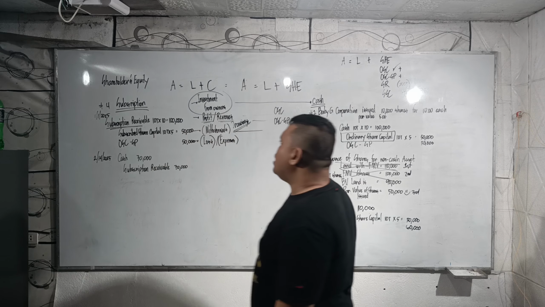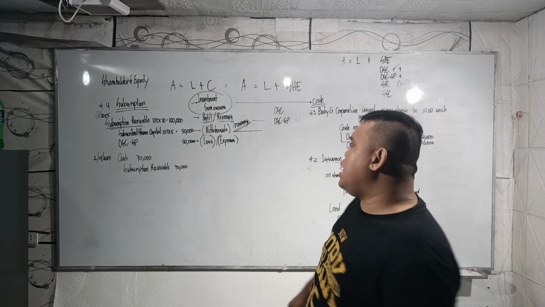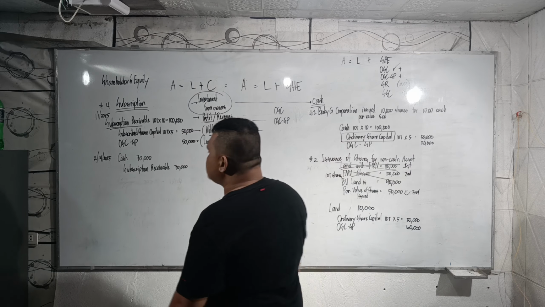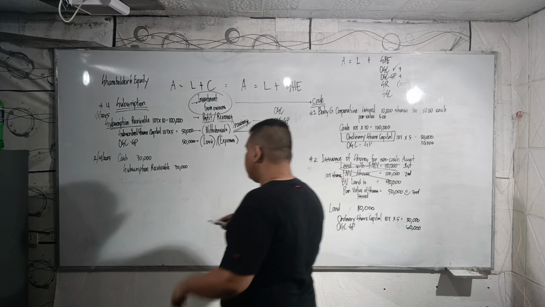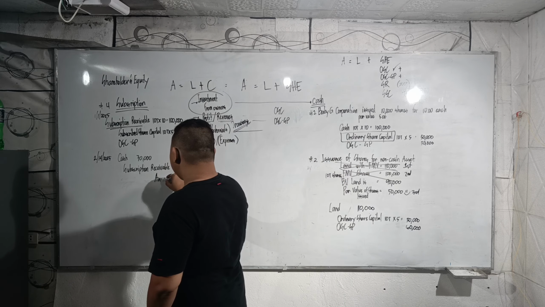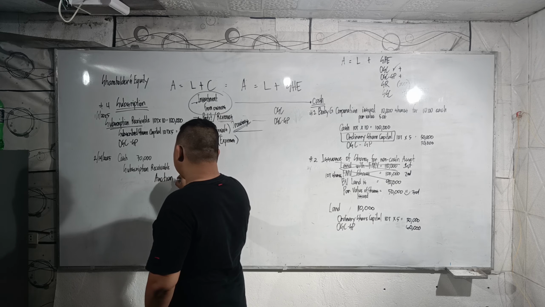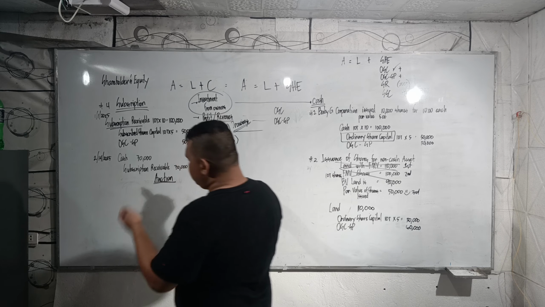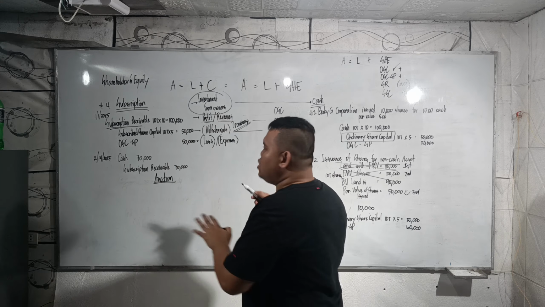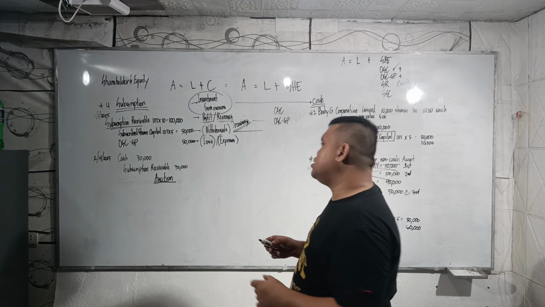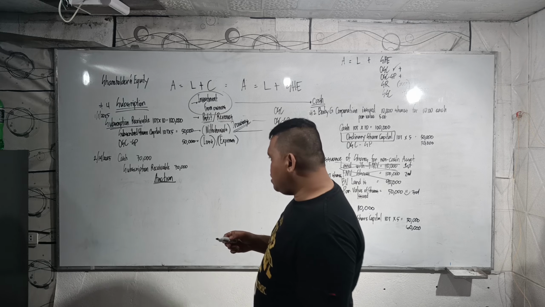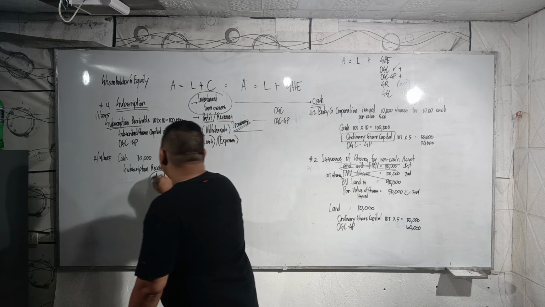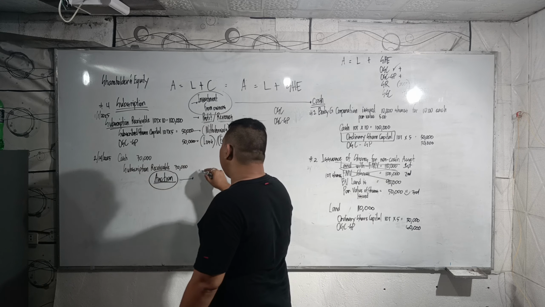Okay? So what will happen now is that the shares that have been subscribed will be auctioned. You will auction the 10,000 shares that were not fully paid. Okay? So you will find the highest bidder. However, in having this auction, there will be costs, for example, auction cost.